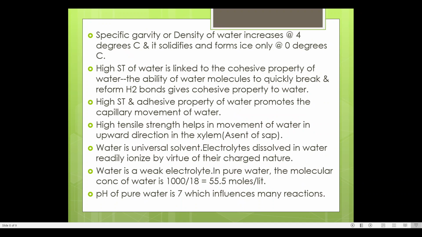The specific gravity or density of water is highest at 4 degrees centigrade and it solidifies and forms ice only at 0 degrees centigrade. High surface tension of water is linked to the cohesive property of water, and the cohesive property is nothing but the ability of water molecules to quickly break and reform hydrogen bonds.